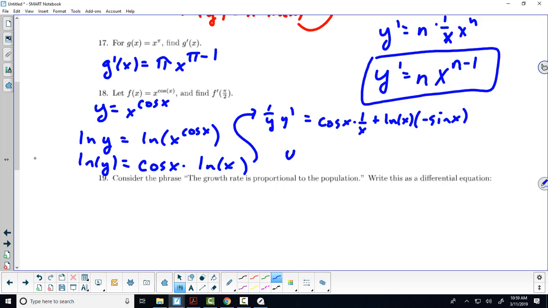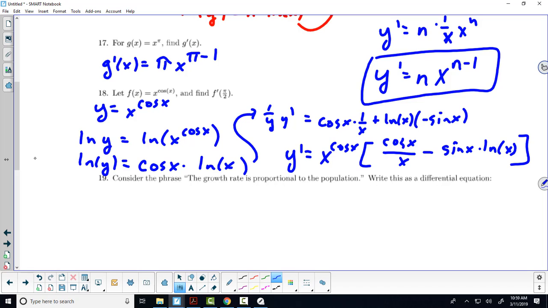So this gives me y prime is equal to, I'm going to multiply this y over, and just because I'm running out of room and we're running out of time, I'm going to replace it with what y is, times the cosine of x over x minus the sine of x times the natural log of x. Cleaning it up a little bit as we went.